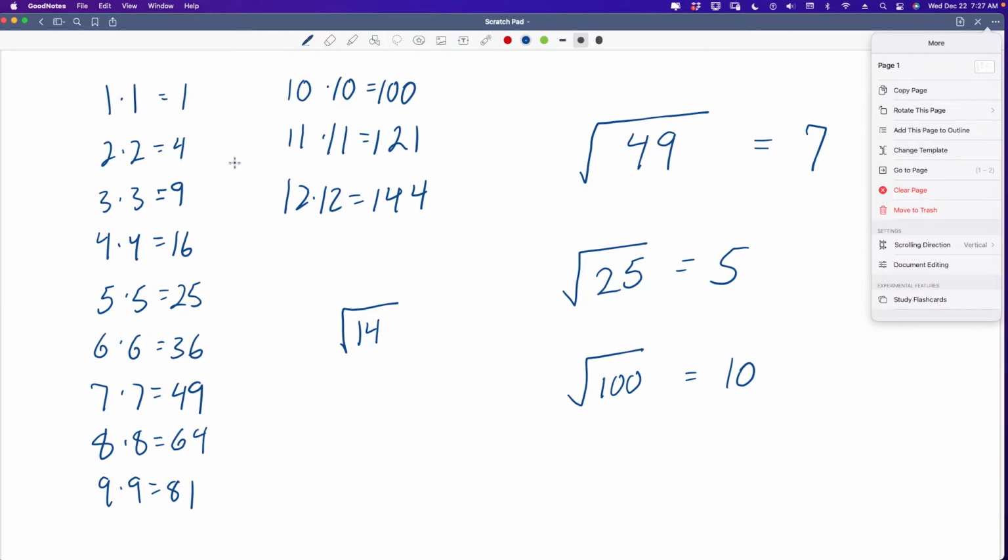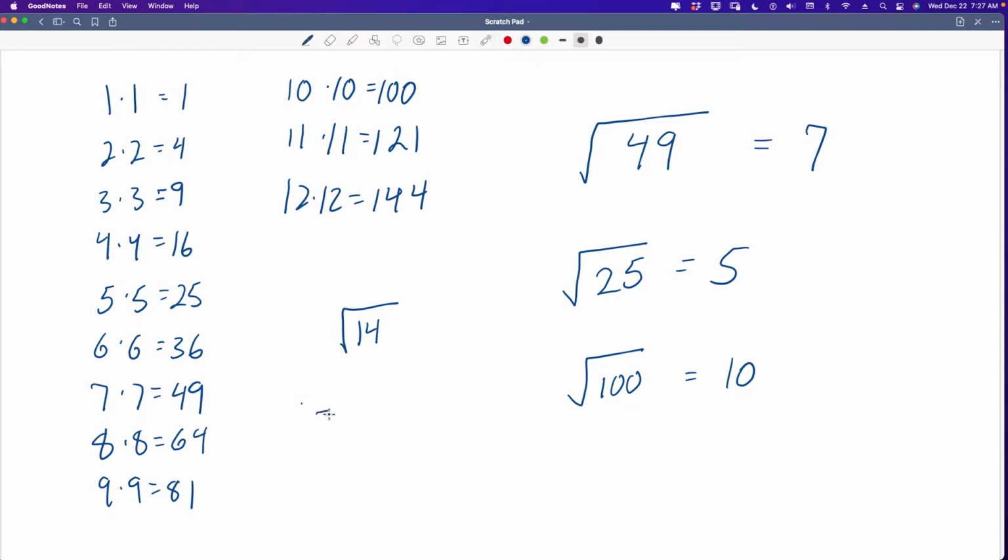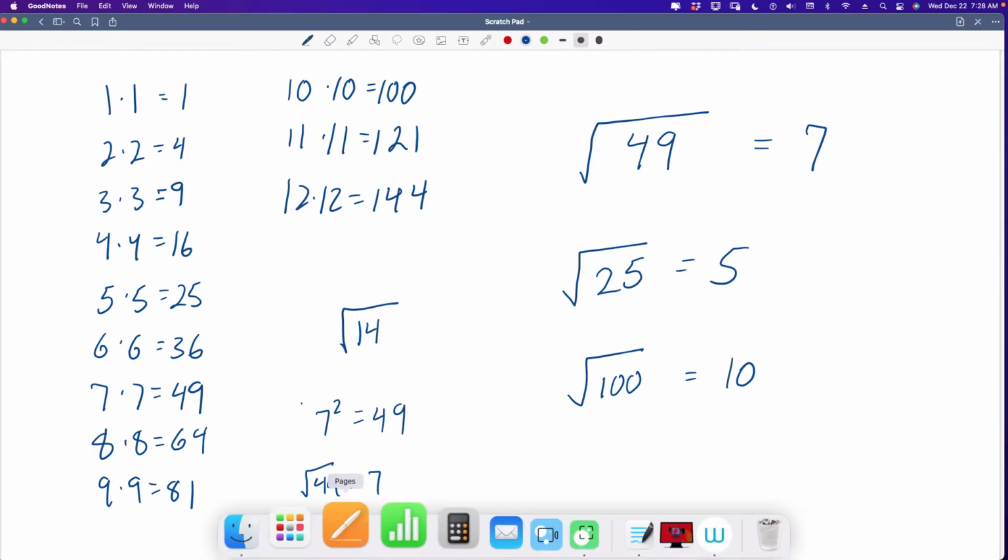You might want to write these down on the back of your notebook or somewhere as a handy reference, and you don't have to write them down like this. You could just as easily say 7 squared is equal to 49, or you could say the square root of 49 is 7. You could write it down like that, so every time you see the square root of 49, you know what the answer is.